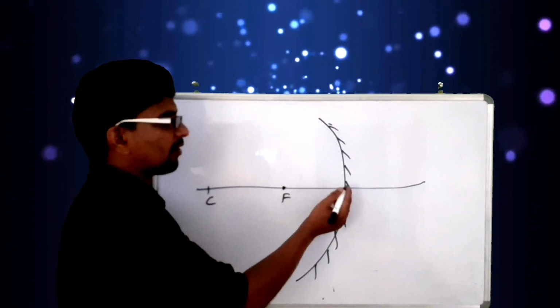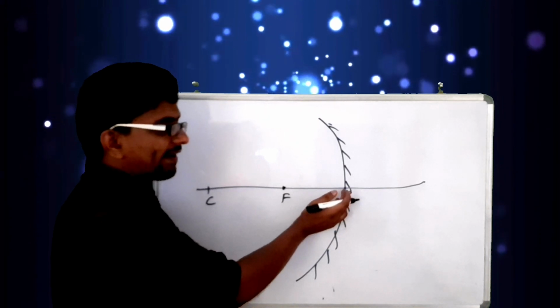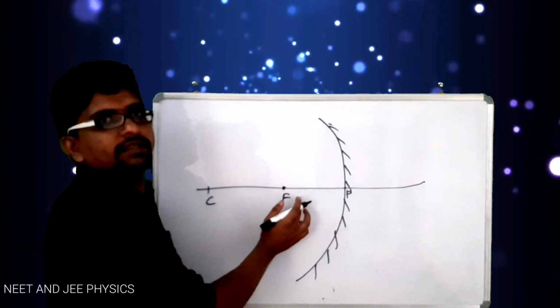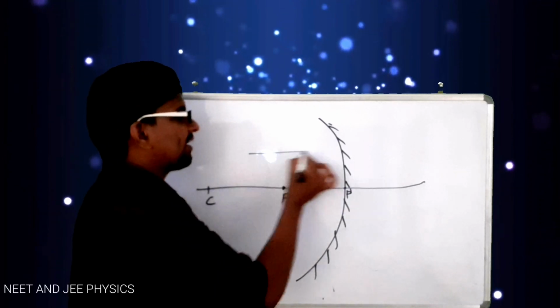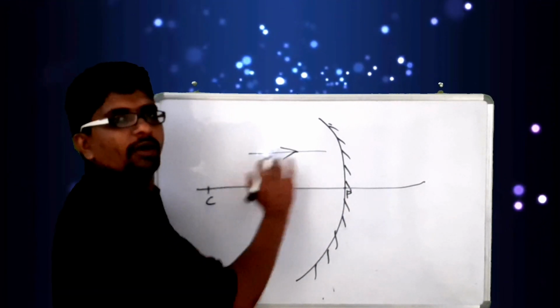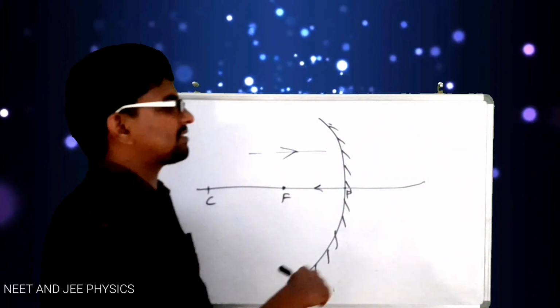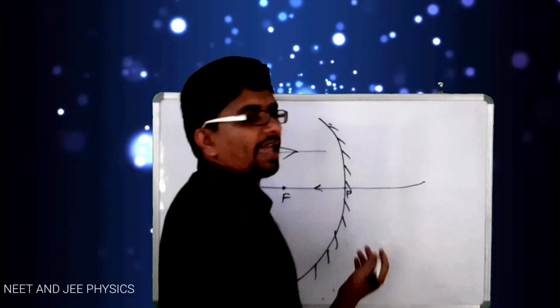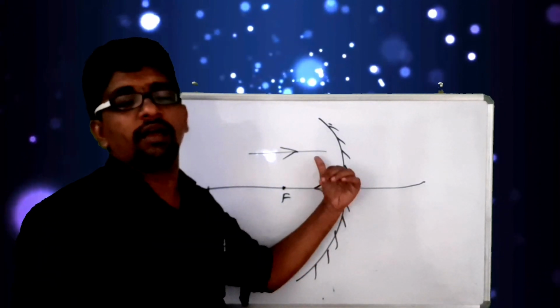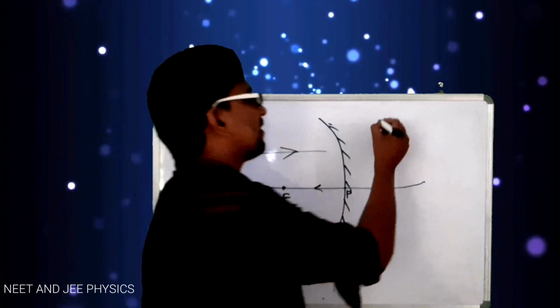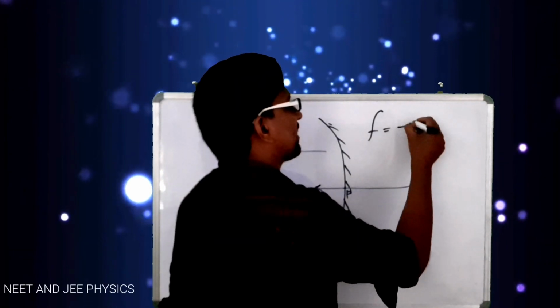Focus is here, so the direction of focal length measurement is from pole to the focus. But the incident ray is along this direction. So in this case, the measurement of focal length is against the direction of incident ray. So that focal length is taken as negative.